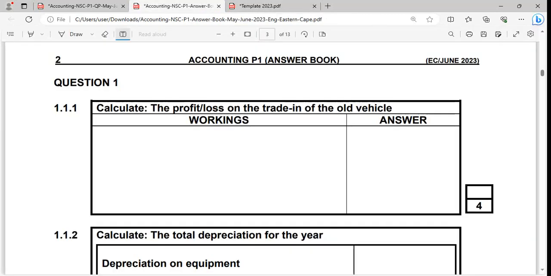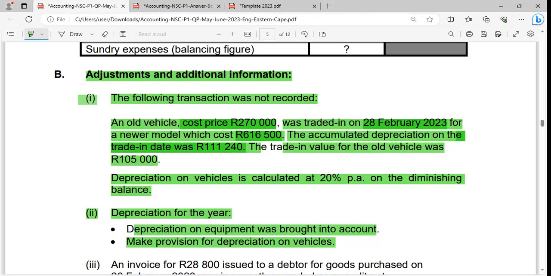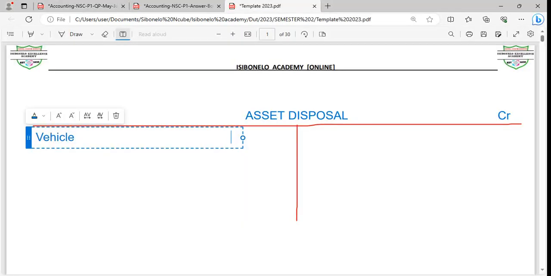So the cost price of the vehicle is 270. So on the debit side, you write the name of the asset being disposed of and the original cost price of that asset.